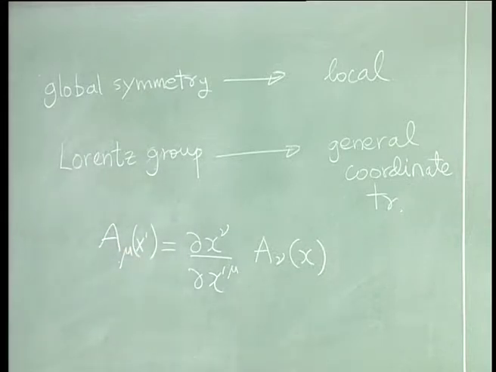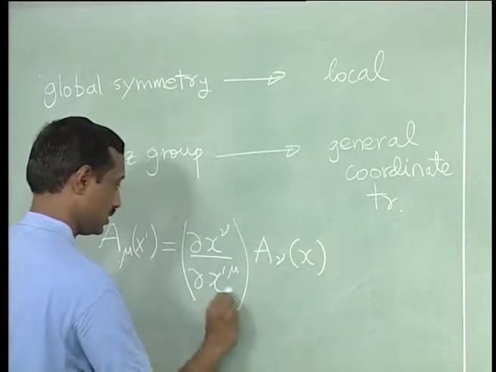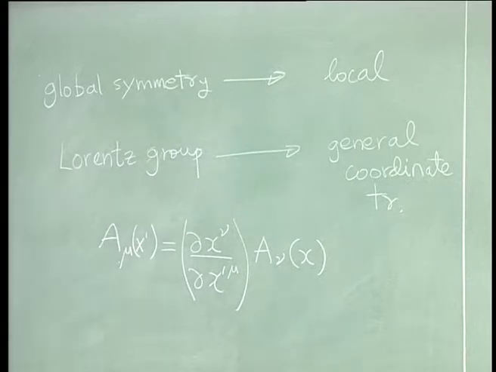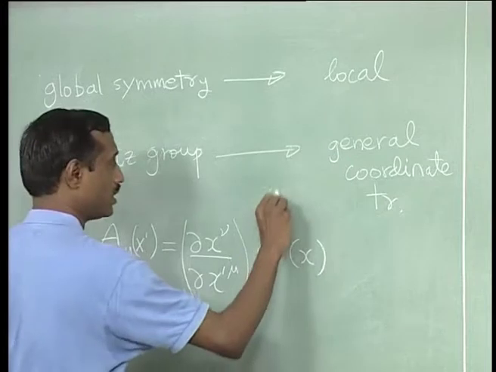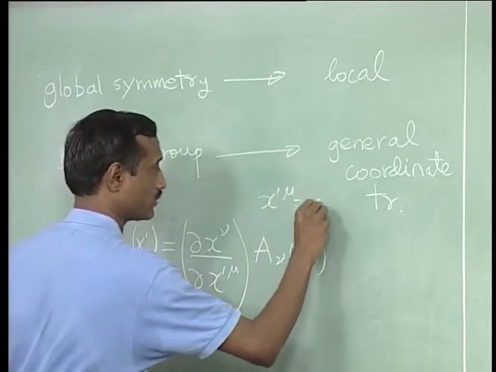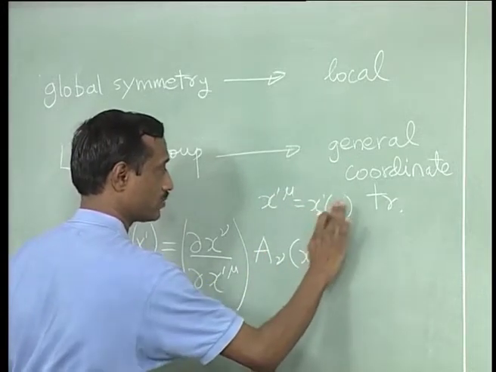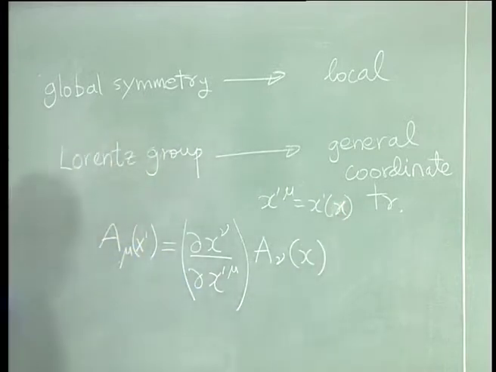So this should be the transformation of a vector field. So you can define tensors in saying, this is really the Jacobian of the coordinate transformation change, right. So what you are doing is you are saying x prime of mu is just some function of these coordinates. That is the general coordinate transformation.